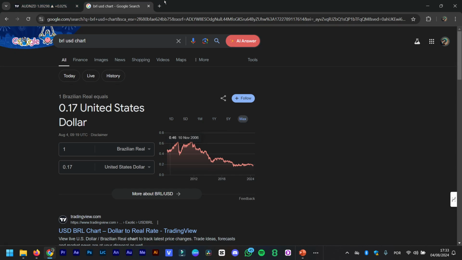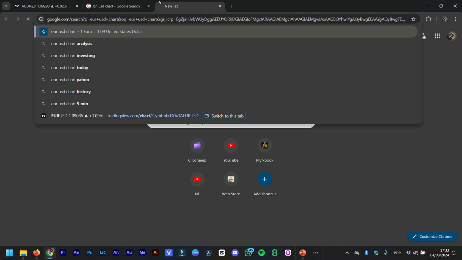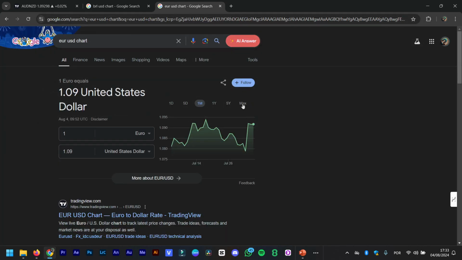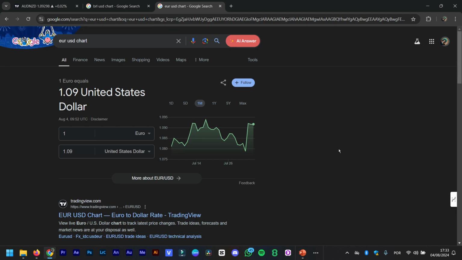For example, let's see EUR/USD again. On the EUR/USD chart, there's a huge difference compared to BRL/USD, which is a developing country, versus EUR/USD, which is both developed economies, Europe and the USA.